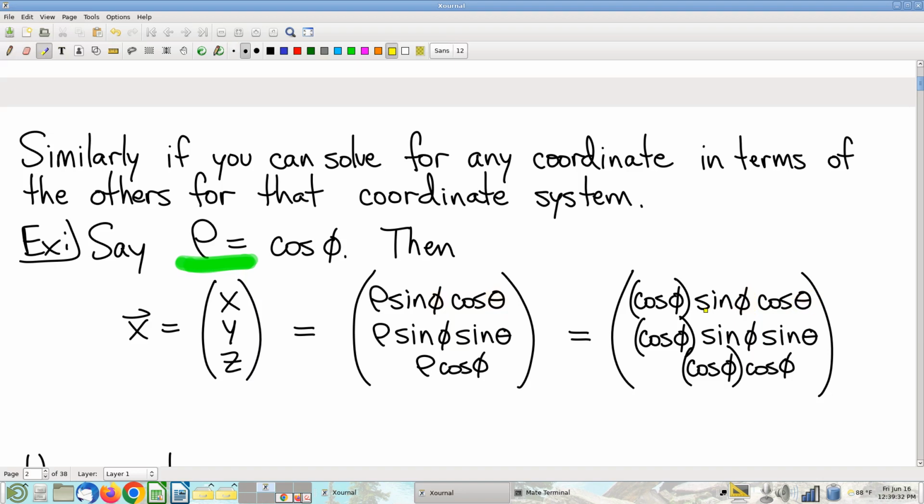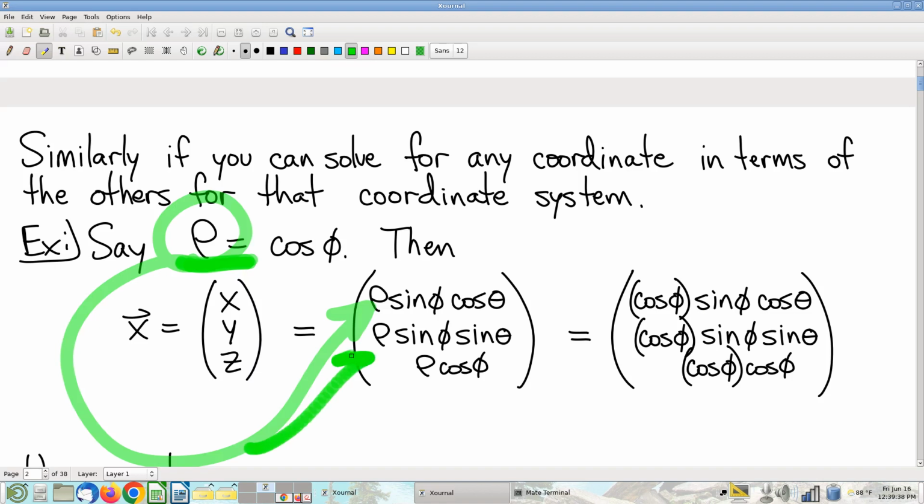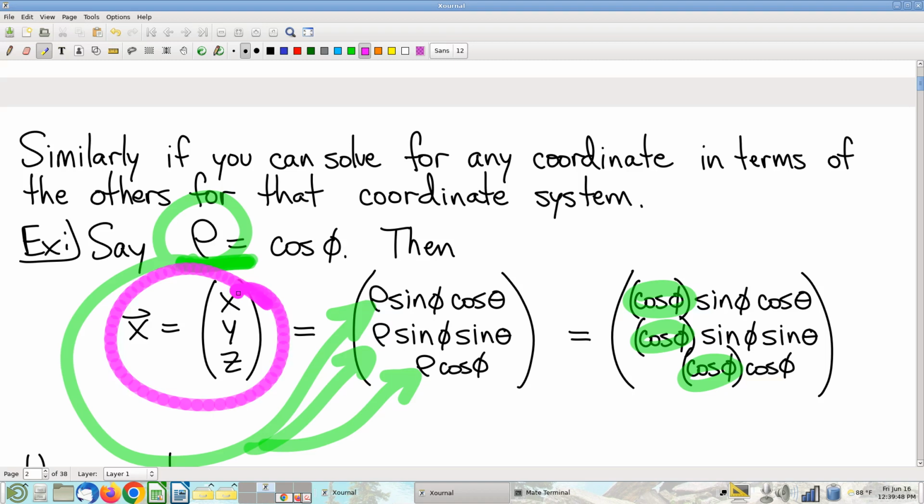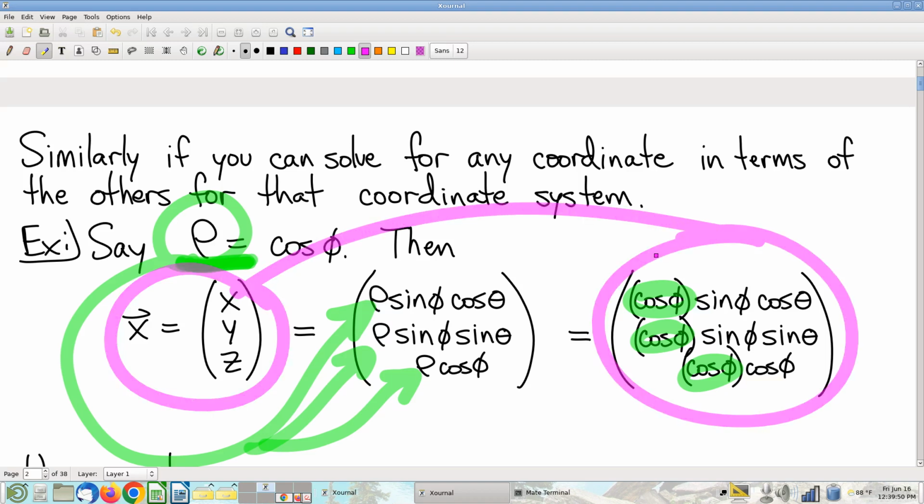And so, with that being the case, that forces rho to be whatever it is. And then notice, as required, we have position as a function of the two remaining parameters, phi and theta. Everybody good? Okay.